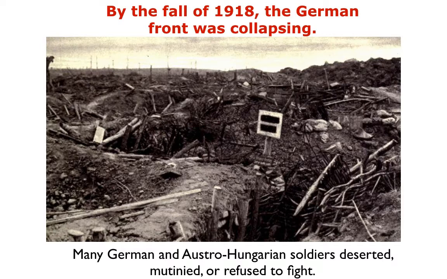And what ends up happening is that the Germans, at the very end of the conflict, make one last push to win, and they obviously aren't successful in this attack.